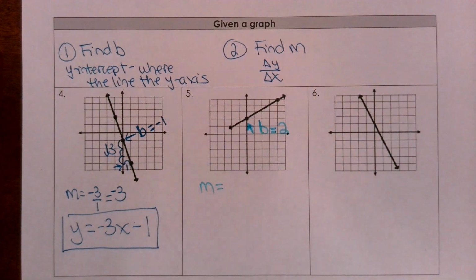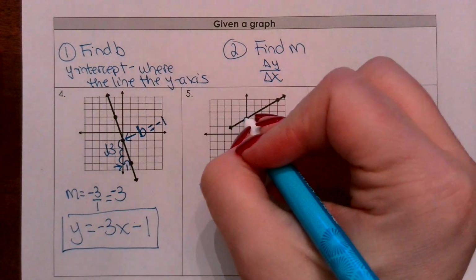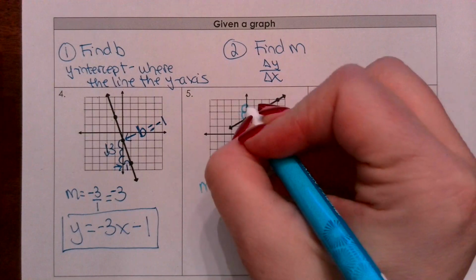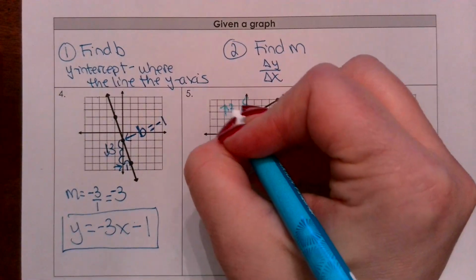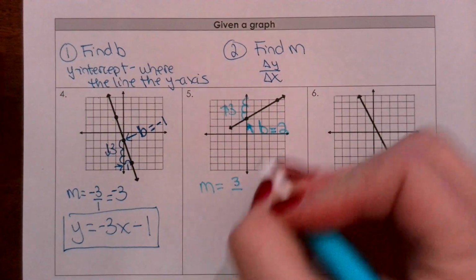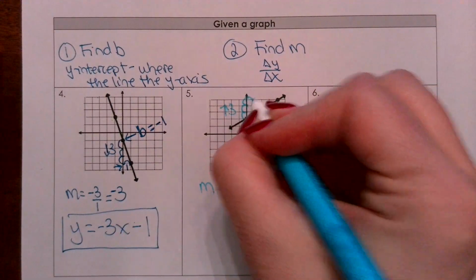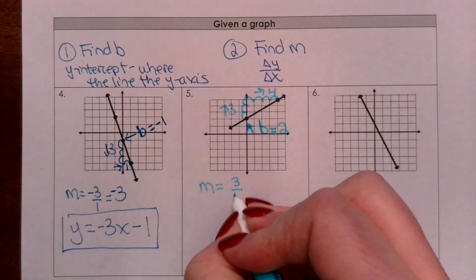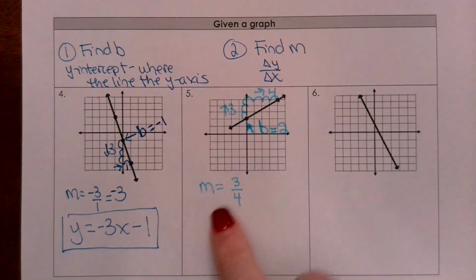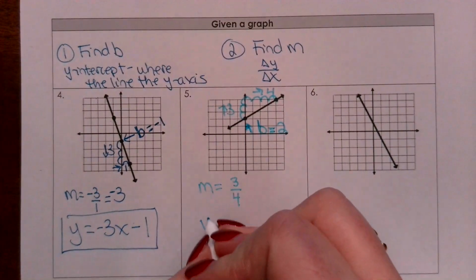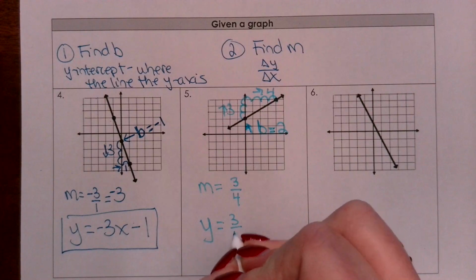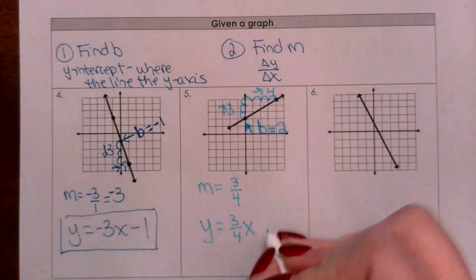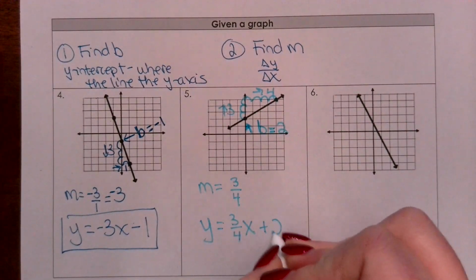The slope, of course, is the change in y over the change in x, and it looks like I'm going up 1, 2, 3. So up 3, that'll go in my numerator. And it's going right 1, 2, 3, 4. So that will go in my denominator. I have my m, I have my b, I'm ready. y equals 3/4 x plus 2.